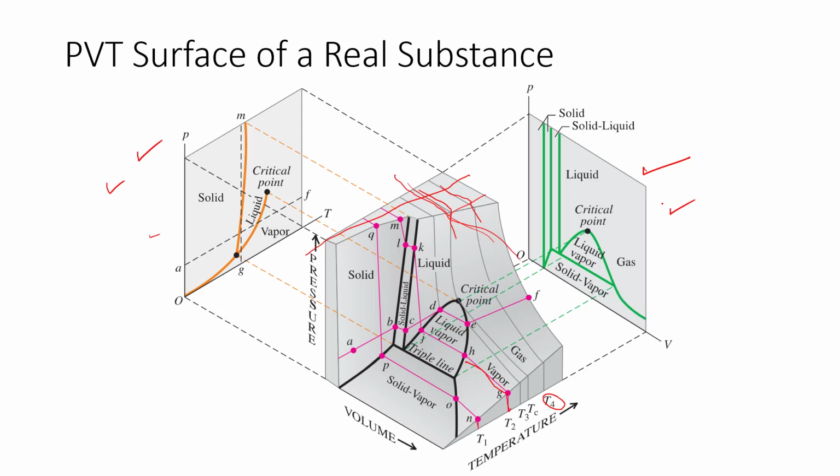So if we look at this three-dimensional surface, we see different lines. Let's consider one of the lines. Let me use a different color here. So let's look at the A, B, C, D, E, F line, which is this one.